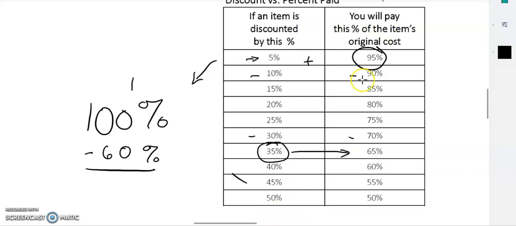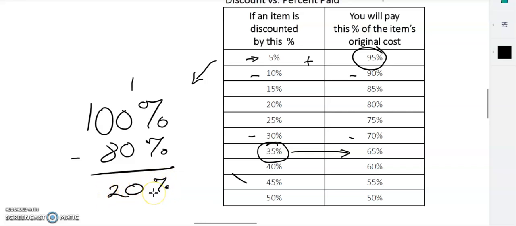It's not on the table, but we can probably figure that out pretty easily. The next question, of course, here, all right, if an item's on sale for 80% off, what percent of its original cost will you pay? Okay, so we take 80% off, and we subtract. Okay, well, 100 minus 80 is 20.